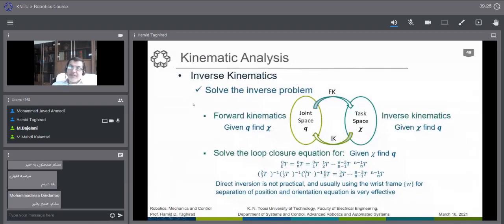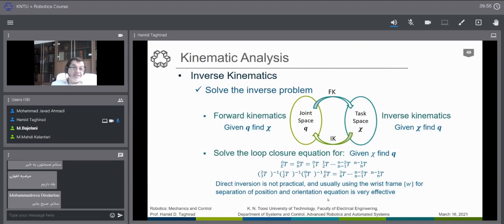In inverse kinematic, we say that given X, find Q. This is the problem. In forward kinematic, given Q, find X. Given X means that we have the position of the end effector, as we discussed before. We have Qx, Qy, Qz, and we have the orientation of it. It is given to us.